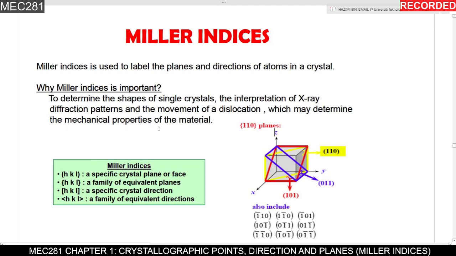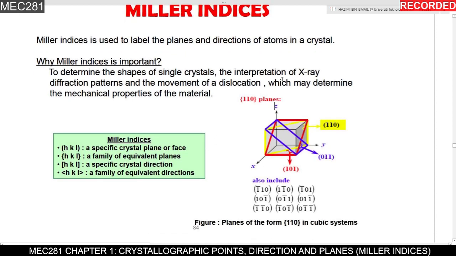So the final outcome that we want to know about a certain study of the material is all about the mechanical properties. So for today we are going to learn how to determine the directions and the planes by using the Miller indices system right here.